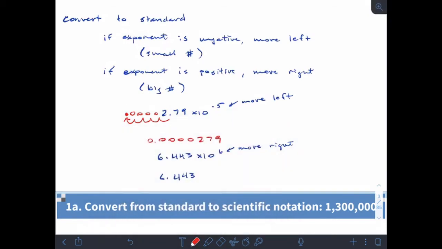So I'm going to make this into a big number by moving my decimal place right 6 places. 1, 2, 3, 4, 5, 6. So my decimal place is going to end there. I'm going to fill in the gaps with zeros. So this one in standard notation would be 6,443,000.